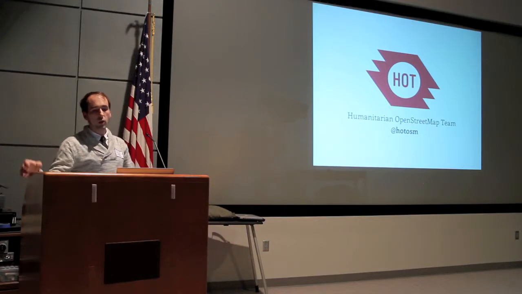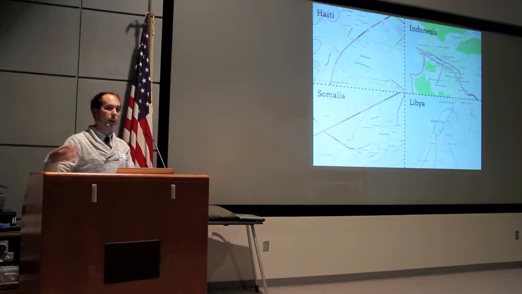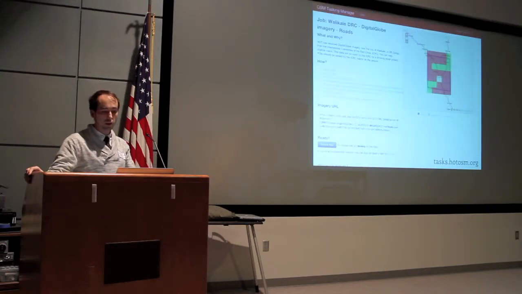They've done projects and actually gone to these places and trained people on how to edit the map and how to use OpenStreetMap to improve their quality of life and to help in aid missions. Somalia, Haiti, Indonesia is pretty active right now, and Libya recently.